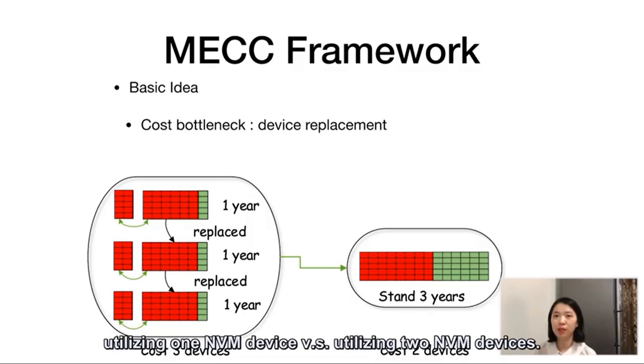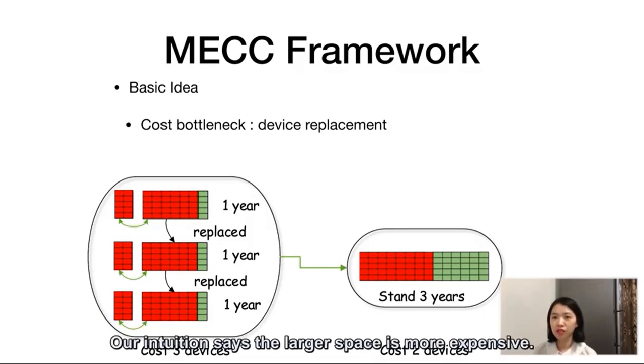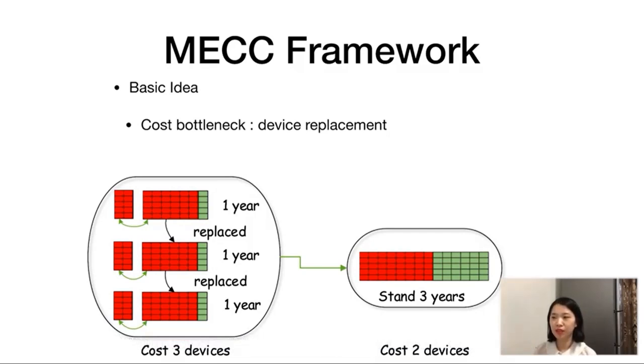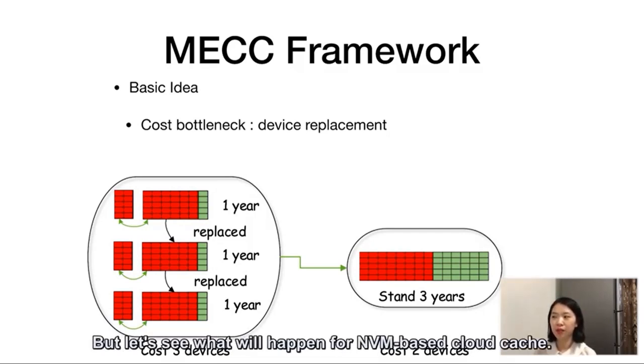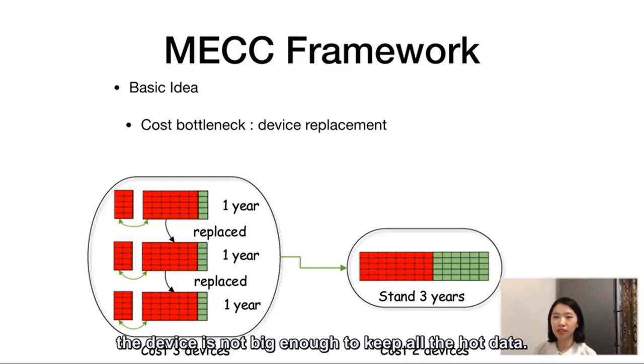We compare two different scenarios and suppose one NVM device is 1 TB. Then it is 1 TB versus 2 TB. Our intuition says that the larger space is more expensive. But let's see what will happen for NVM-based cloud cache. If we buy one NVM device at first, the device is not big enough to keep all the hot data.